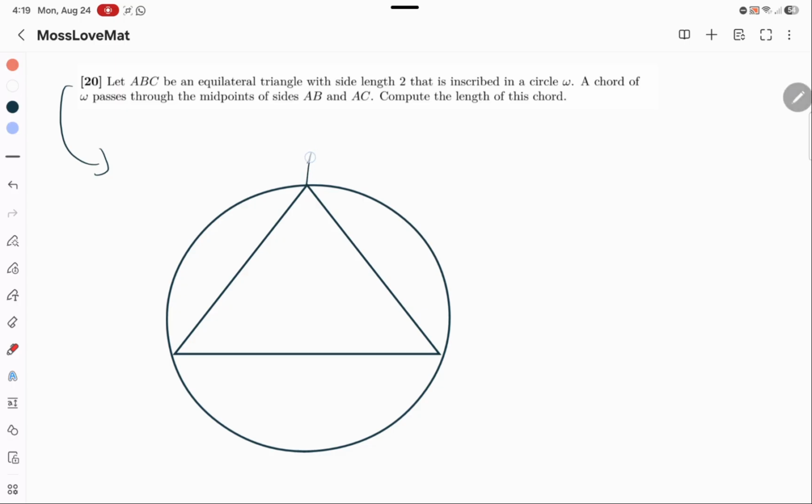I will write this as A, B, and C. There's a chord that passes through the midpoints of AB and AC. So let M be the midpoint of AB and N be the midpoint of AC. And then we write the chord like this.